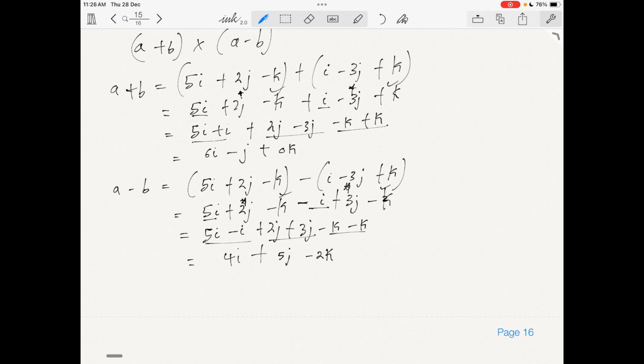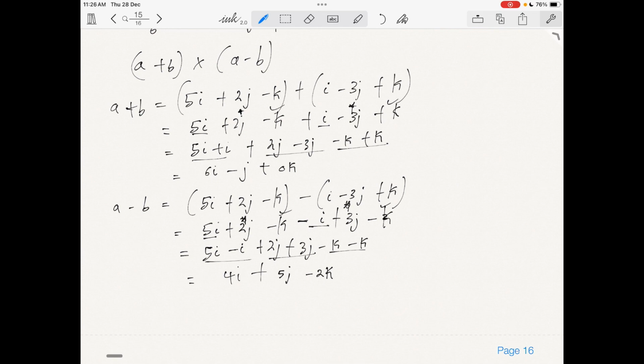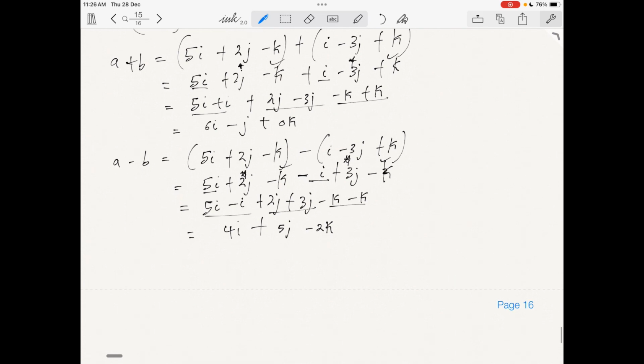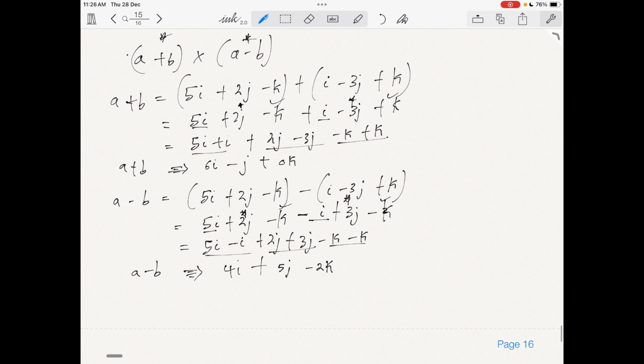Now going back to the question, we are asked to evaluate the cross product between A plus B and A minus B. So since our A plus B is this and our A minus B is this, all they are asking us to do is to evaluate 6i minus j plus 0k cross product with 4i plus 5j minus 2k.